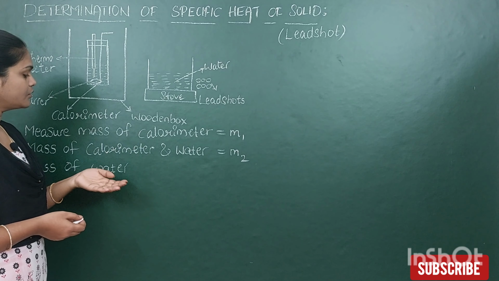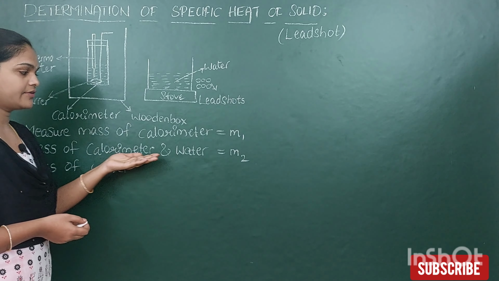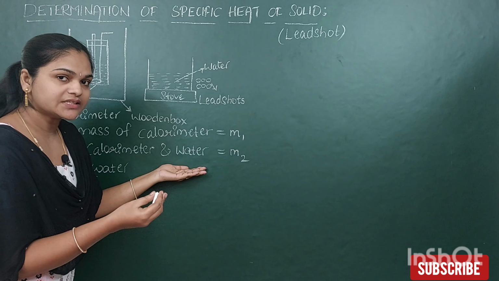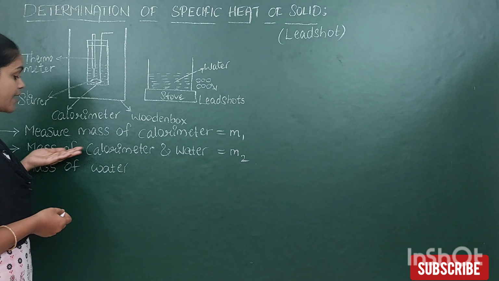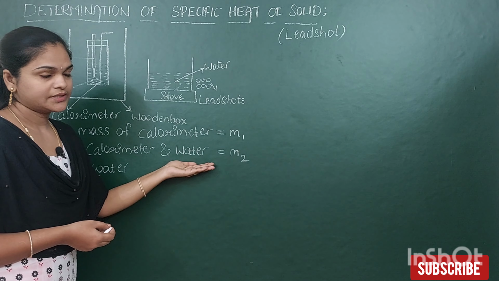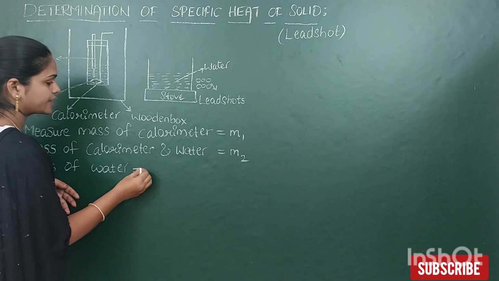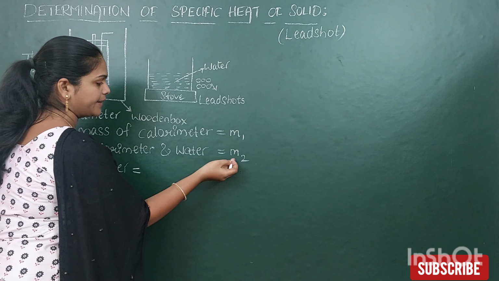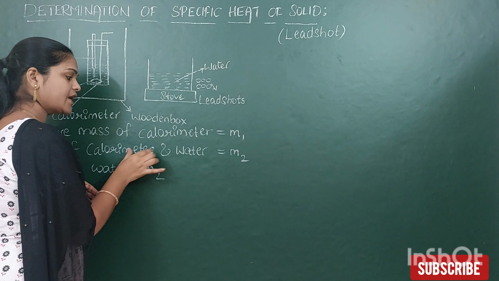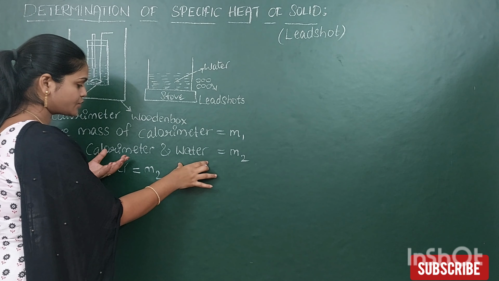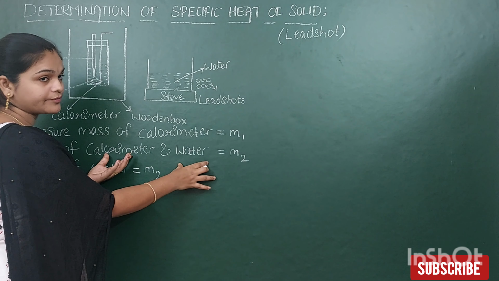So when you have the mass of calorimeter and water, if you subtract the mass of calorimeter, then what will you get? You will get the mass of water. That means from M2, which consists of calorimeter and water, what do you have to subtract? The mass of calorimeter.